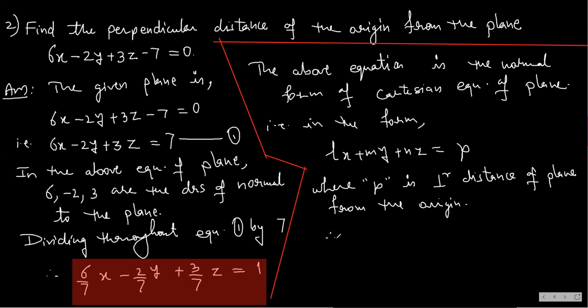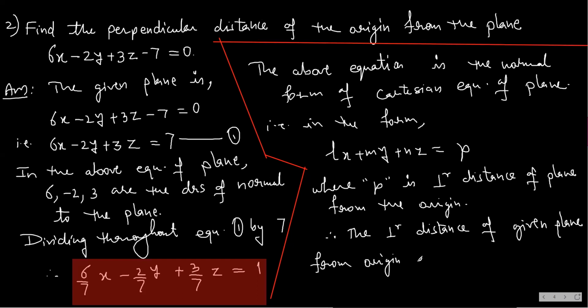Therefore, the perpendicular distance of the given plane from the origin: see the right hand side, what number are we getting? 1. So the given plane is 1 unit from the origin. I hope you followed it.